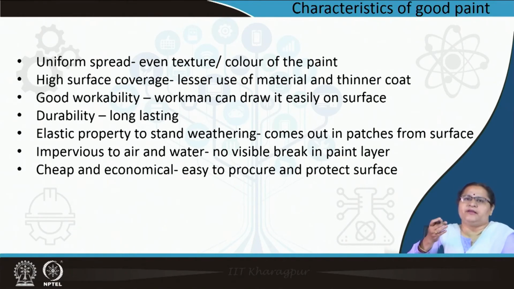So, the paint will be thinner because you are going to add another layer on top of it, again another layer on top of it. So, what is eventually happening? If it is very thick, then it can come out very easily. So, you have to think of how thin one layer can adhere on top of the other. So, high surface coverage is very important.